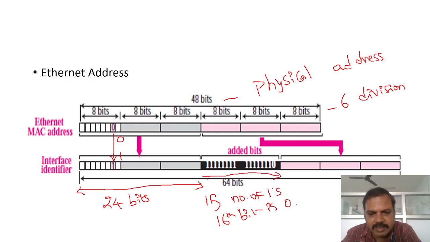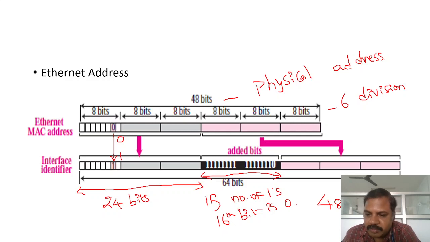In all the interfaces we have to add these 15 ones, and the 16th bit is 0. So the original is 48 bits, plus how many bits are we adding? 16 bits. So 15 ones and one 0. Totally it becomes 64 bit.